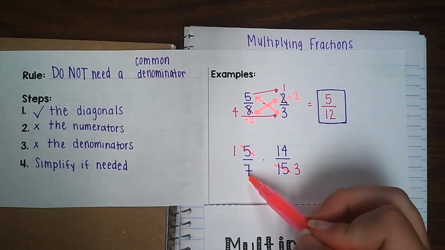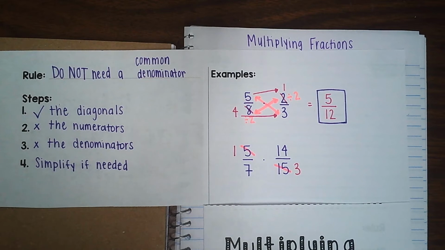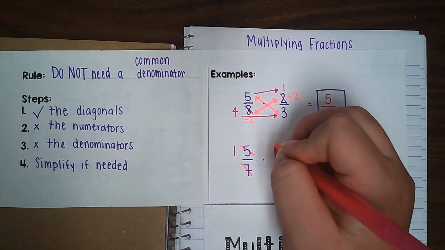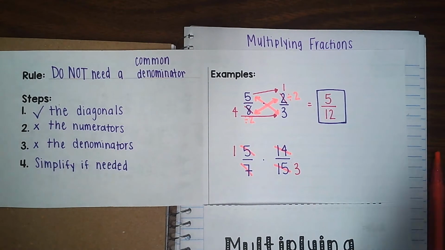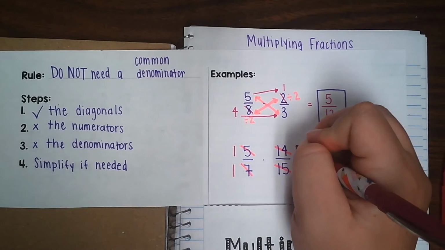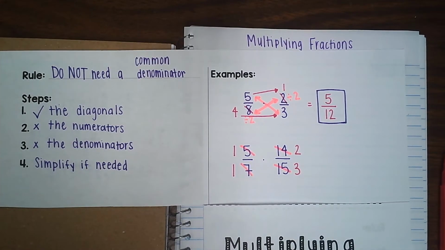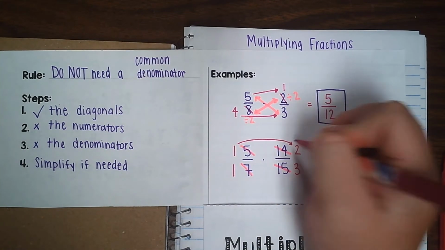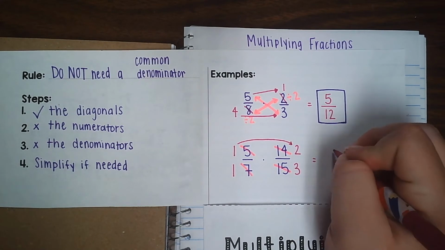My other diagonals, I have 7 and 14. Both of those are divisible by 7. So we can mark out our 7 and our 14. Our 7 becomes 1. Our 14 becomes 2. So then we multiply 1 times 2, and that gives us 2.